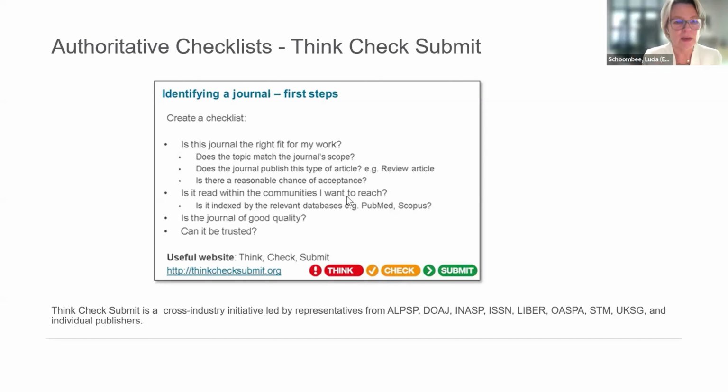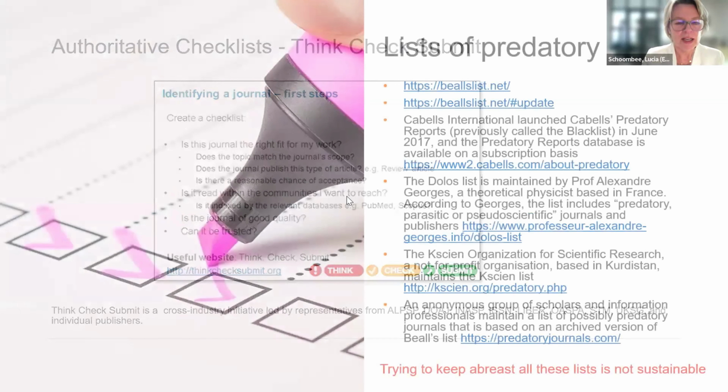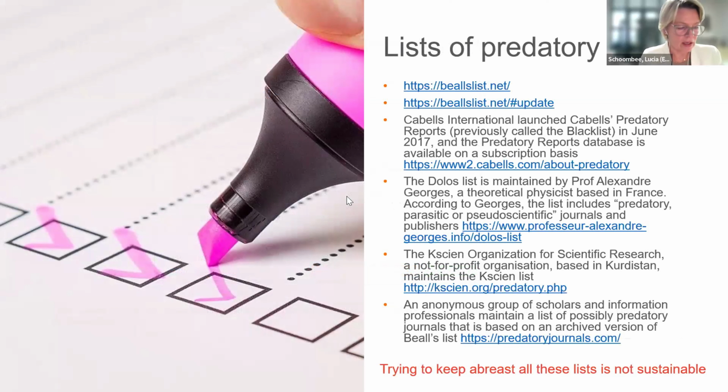So following these steps will essentially lead you to the right journal, or lead you away from predatory journals, at least. Many researchers ask us to give them a list of predatory journals, and this is impossible to do.